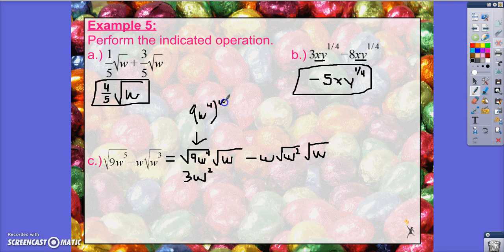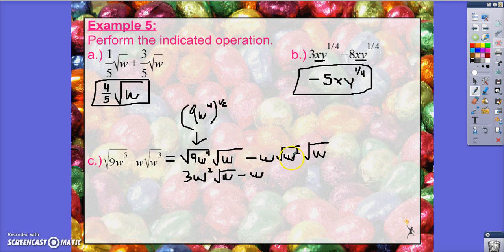What I am doing with the root, because of my exponent rules, 4 times 1/2 is 2. That's where I'm getting the 2 here. I like to remember with the root I'm dividing. So 4 divided by a square root is 2. Does that make sense? If you like to rewrite it as a rational exponent, you can. That's why you also get 2. But I like to remember that I'm dividing those numbers out.